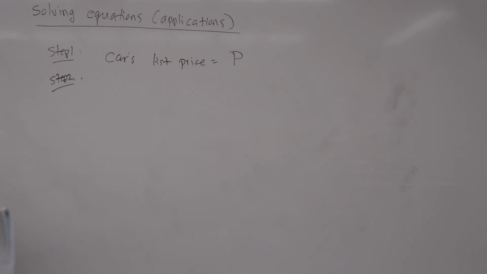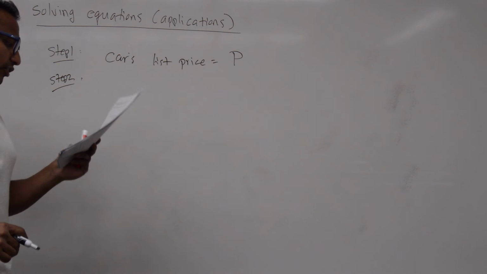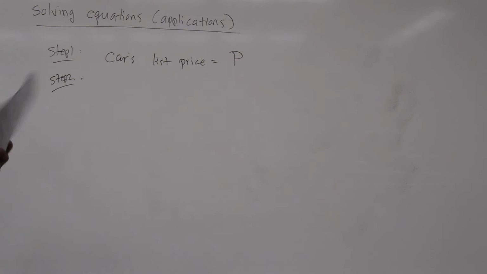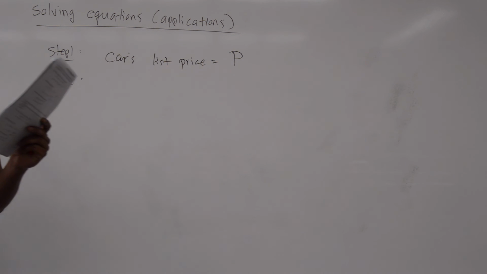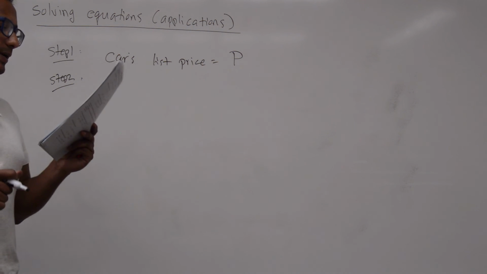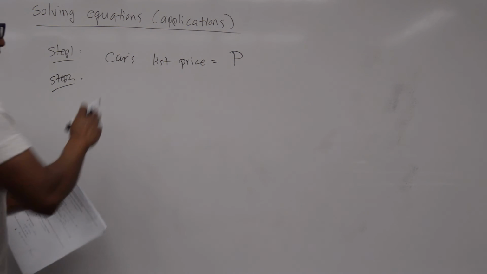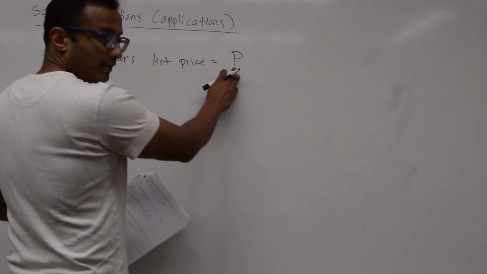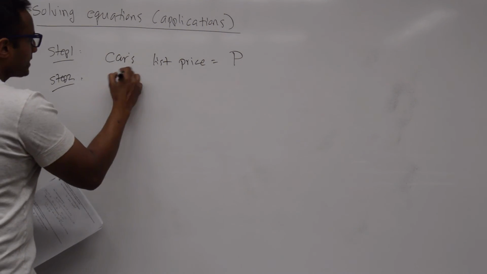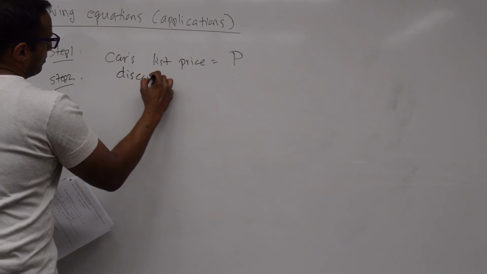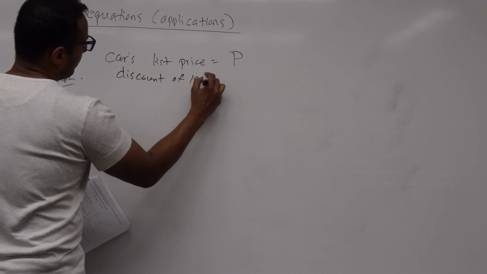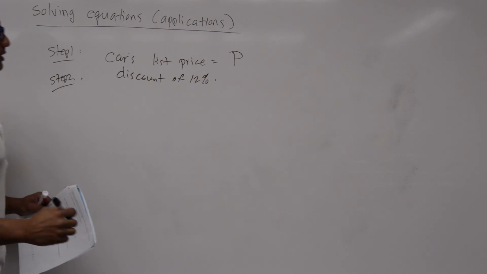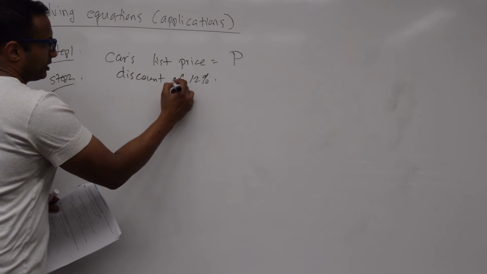Okay, in step 2, it says, write an equation and solve. So how do you write an equation? Well, let's read the problem. It says, a car dealer reduces the car's price by 12%. So if the car's list price is P, the discount of 12%, the word "of" means multiplication.